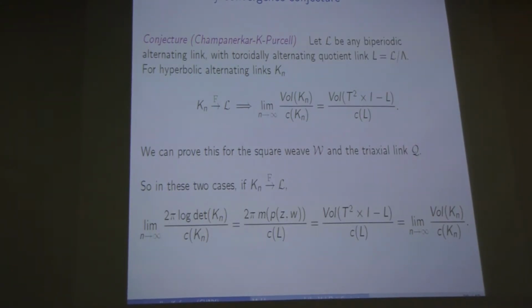But in these 2 cases, the determinant densities converge exactly to the volume density, which is the limit of the volume densities of these Kns that converge in this diagrammatic sense. So for these 2 links, the limit of the determinant densities is equal to the limit of the volume densities. But that's not going to be true in general.